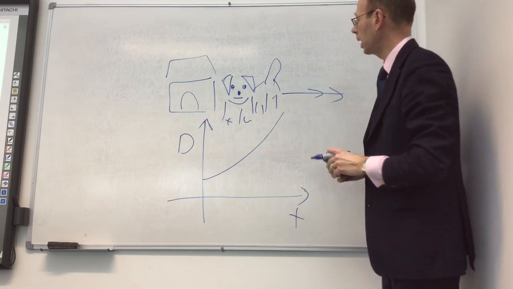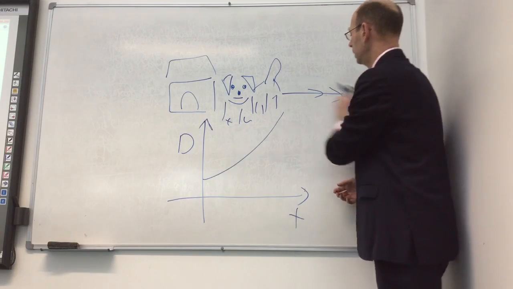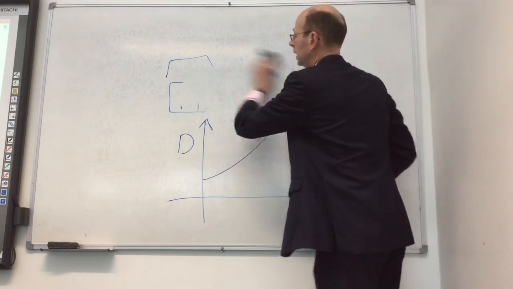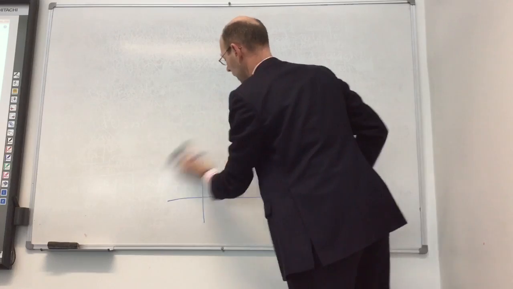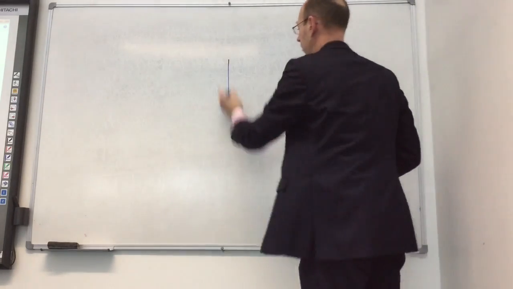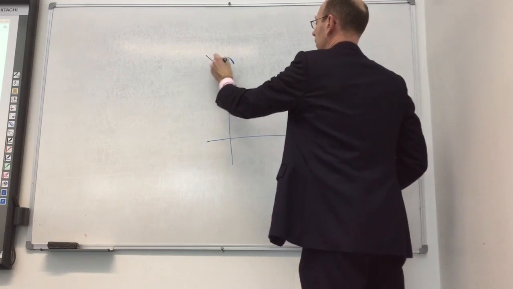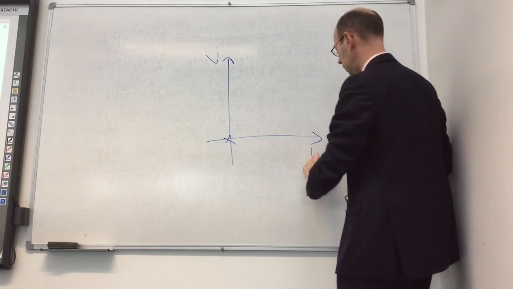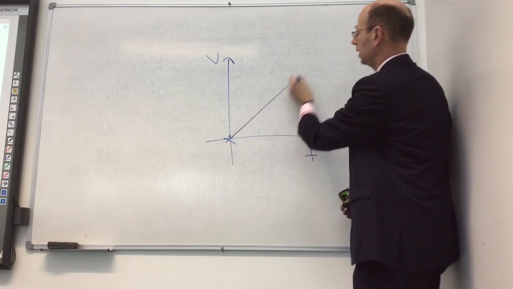If we wanted to show that on a velocity time graph, what we have to show is the velocity getting bigger. So on a velocity time graph, maybe he starts, he's not moving, so his velocity is 0, but as he's chasing the squirrel, his velocity gets bigger.